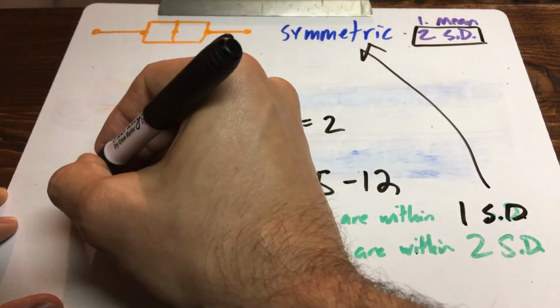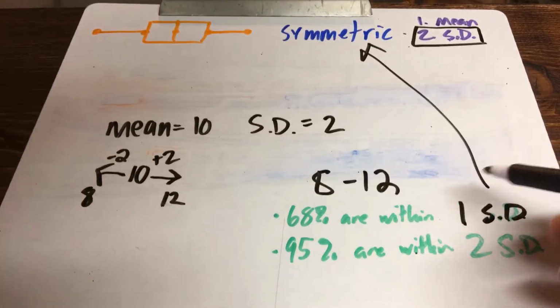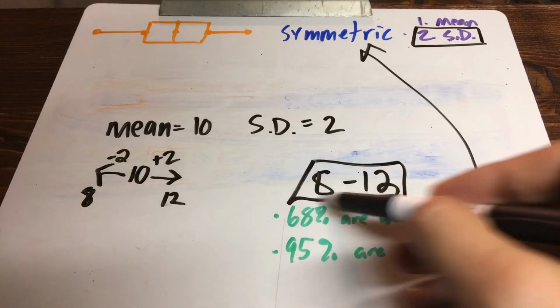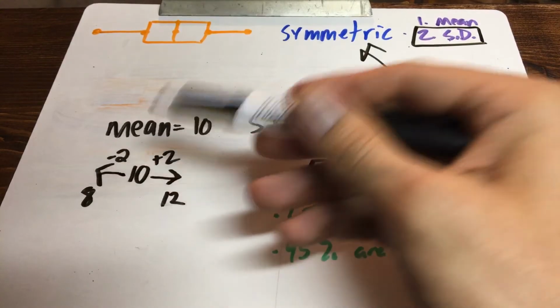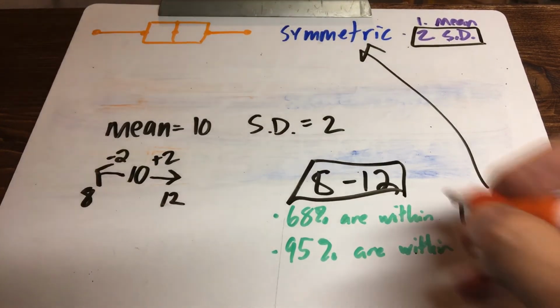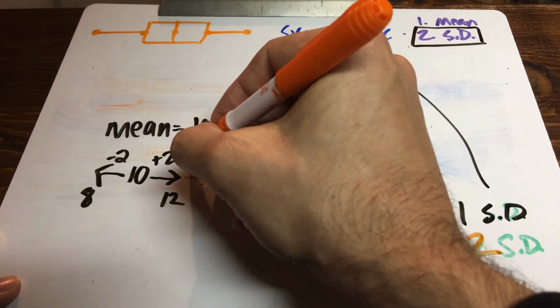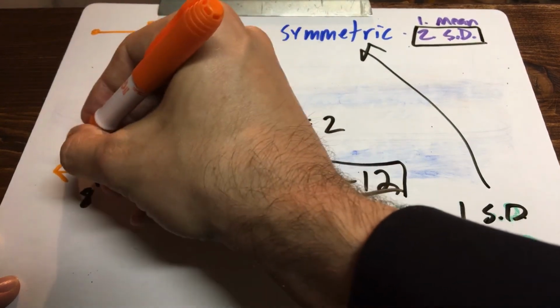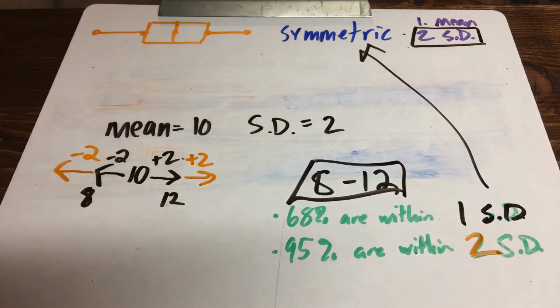And so I would say 68% of my data are in between 8 and 12. 2 above 10 and 2 below 10. And then if you extend that one more standard deviation away, if we do 2 standard deviations and we go 2 more to the right and 2 more to the left, you're going to get 95% of the numbers, right?